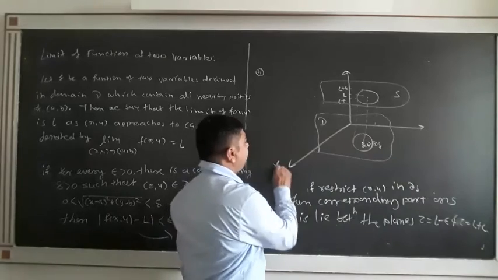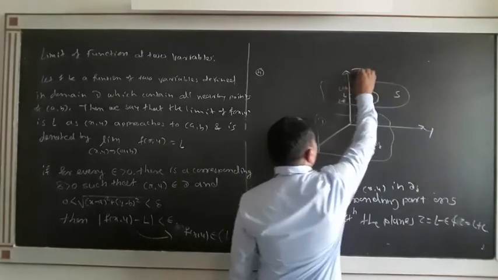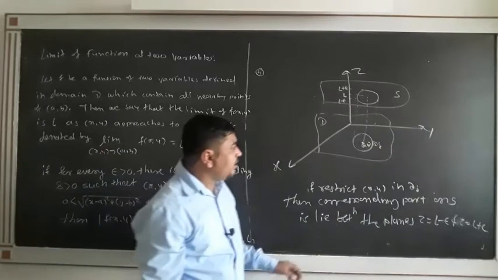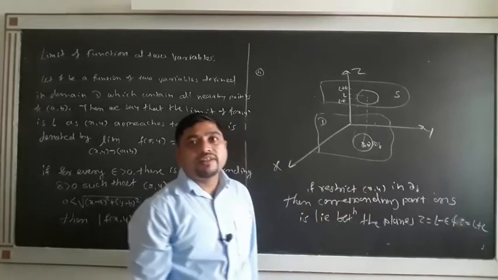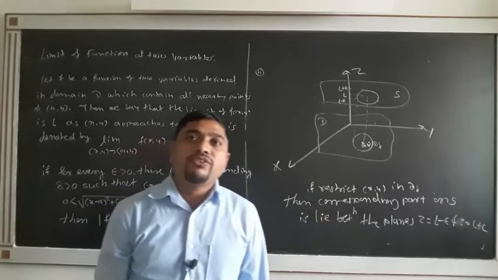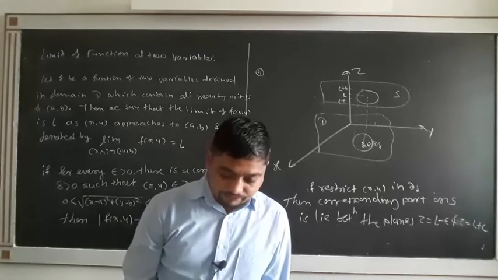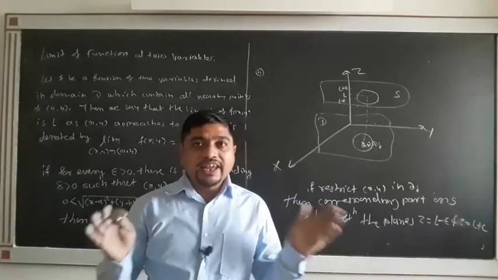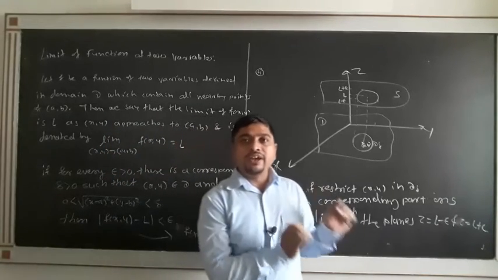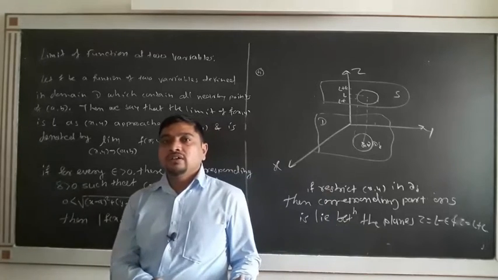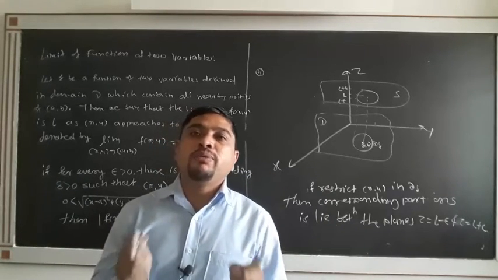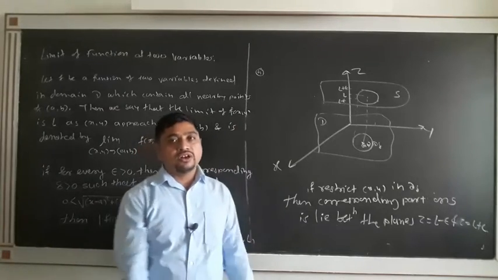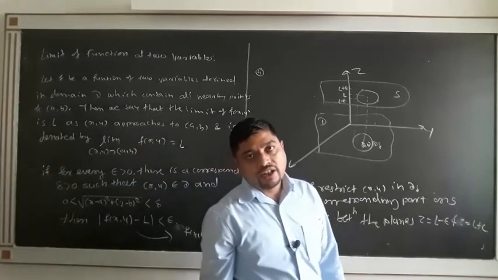Okay, this is our x, y and z. This is the graphical visualization of a limit. So, take any epsilon, and if you are able to find a delta, then the limit exists. Otherwise the limit does not exist.